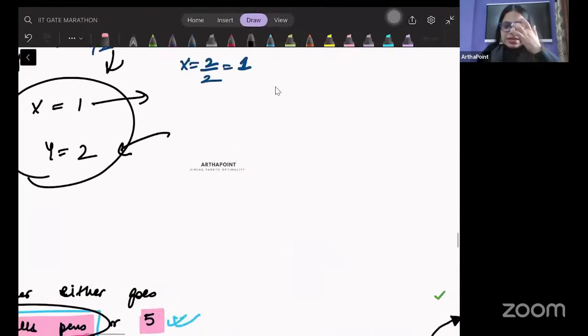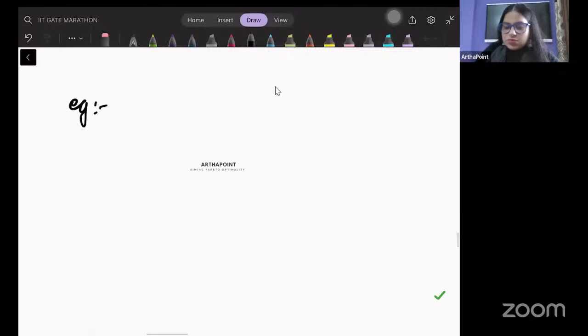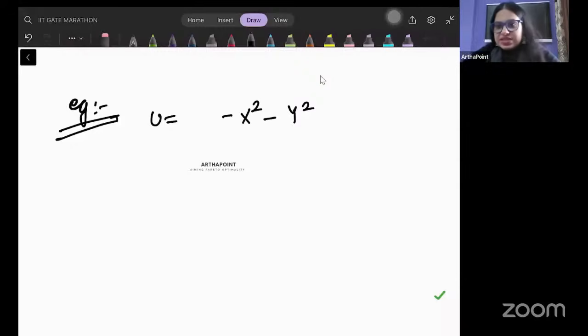Suppose in exam you are given a utility function which looks like this. Say u is equal to minus x square minus y square. Directly itna easy देंगे नहीं. They may just transform this function a bit. So let me also transform it.